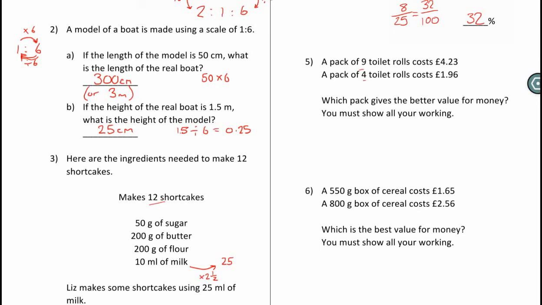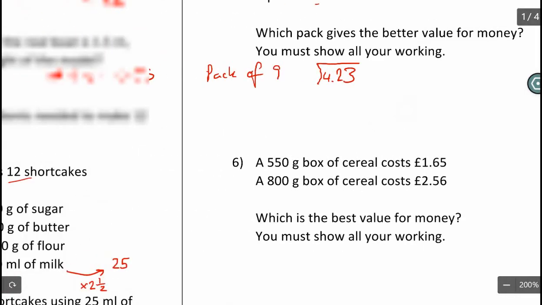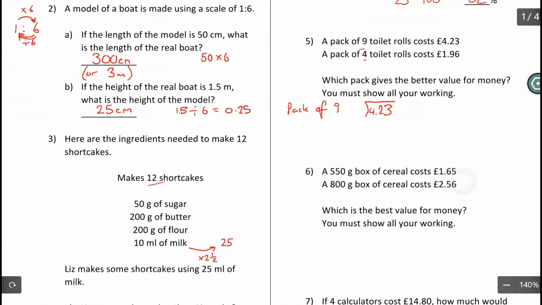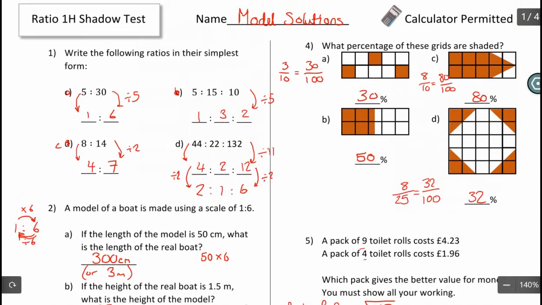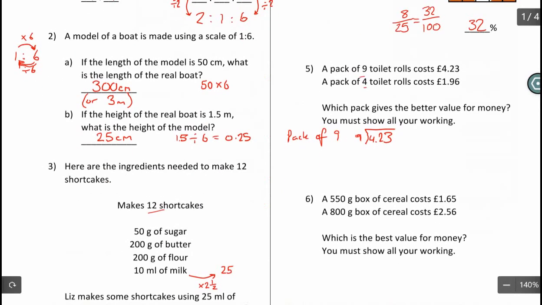So I'm going to compare 1. So in the pack of 9, each toilet roll will cost £4.23 divided by 9. Okay, so we can use a calculator on this.